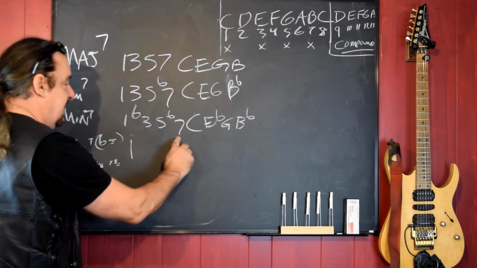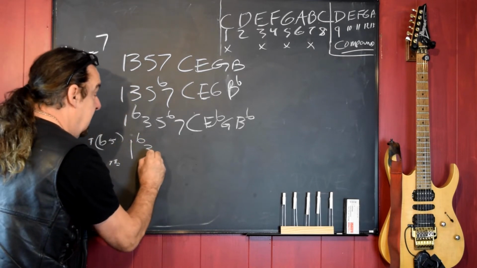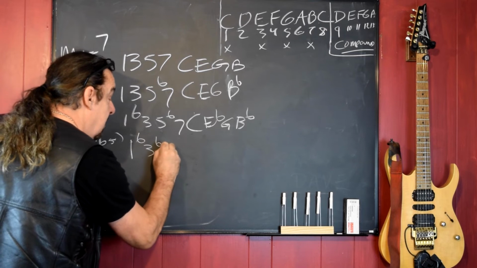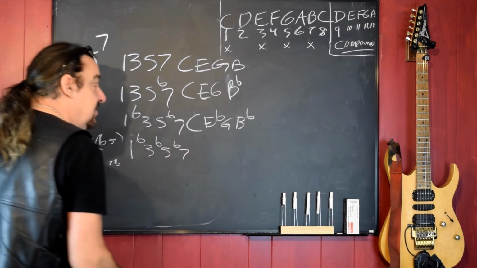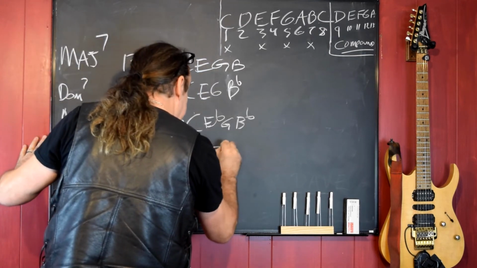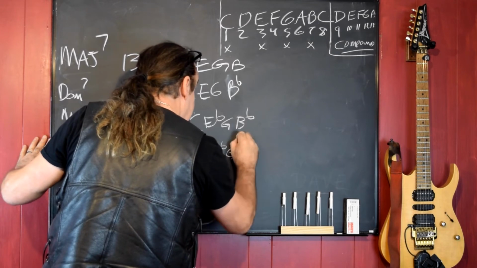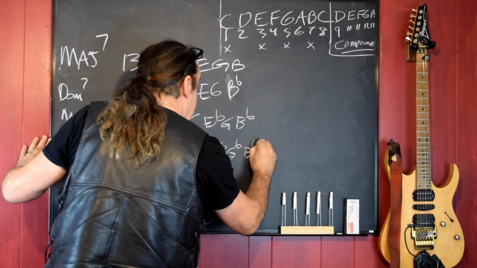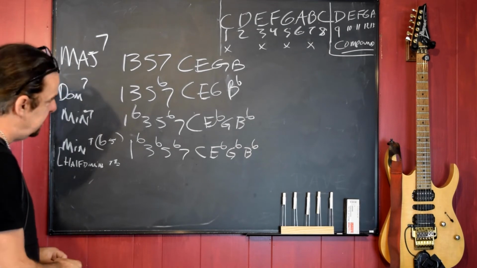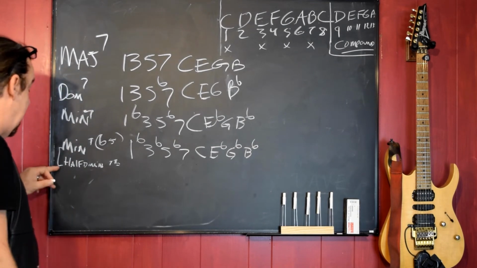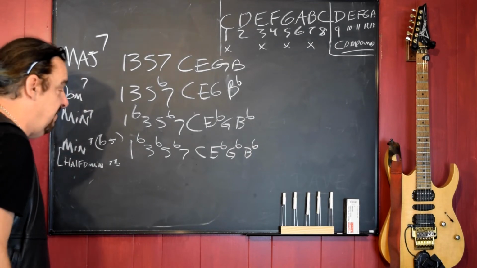Anyway, here's the beautiful part. Minor 7 flat 5 is a 1, a flat 3. You add a flatted 5th and a flatted 7. So you end up getting C, E flat, G flat, and B flat. Now the interesting part is, what's the origin of that name?